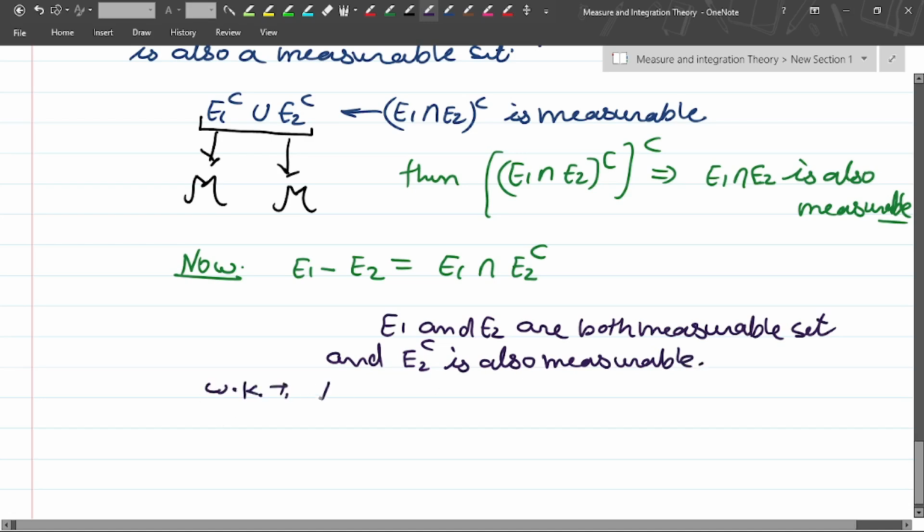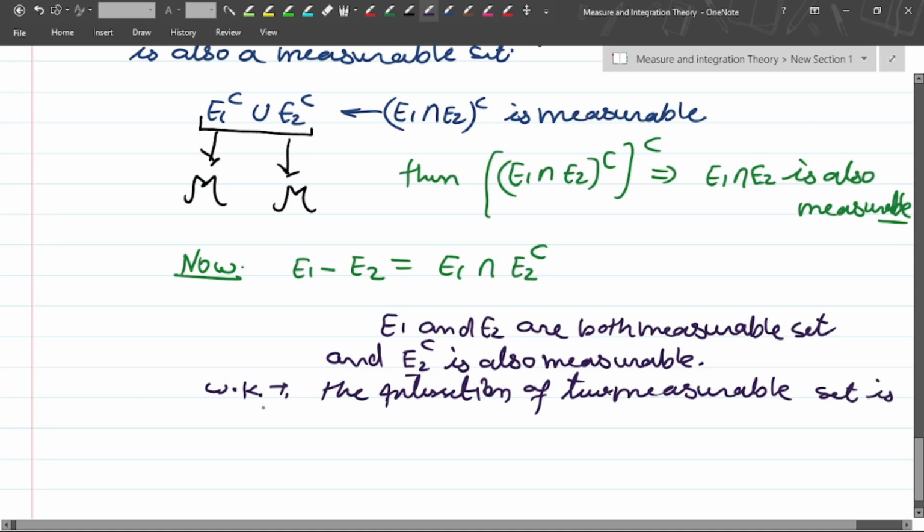We know that the intersection of two measurable sets is measurable, as we have already proved.